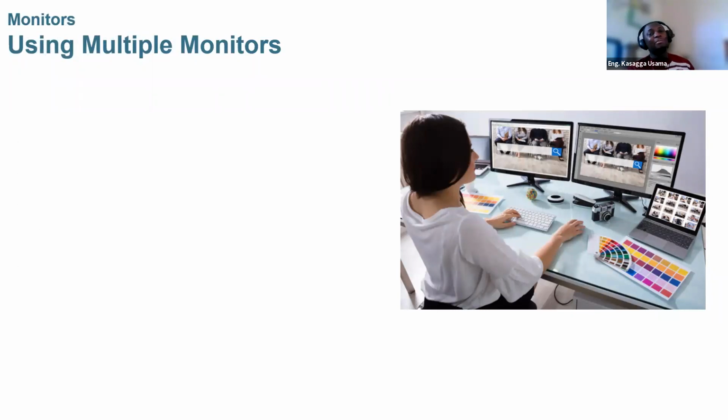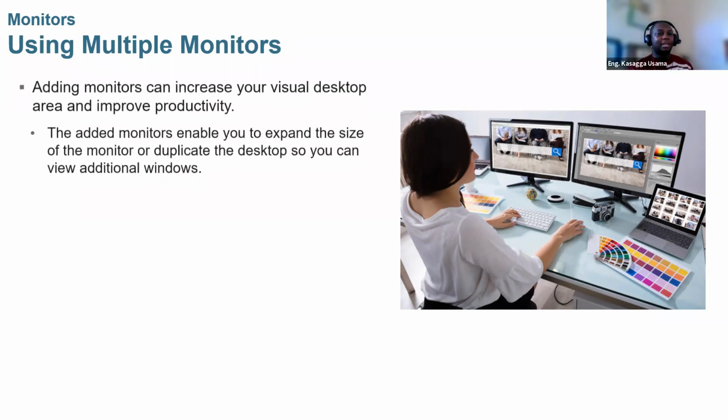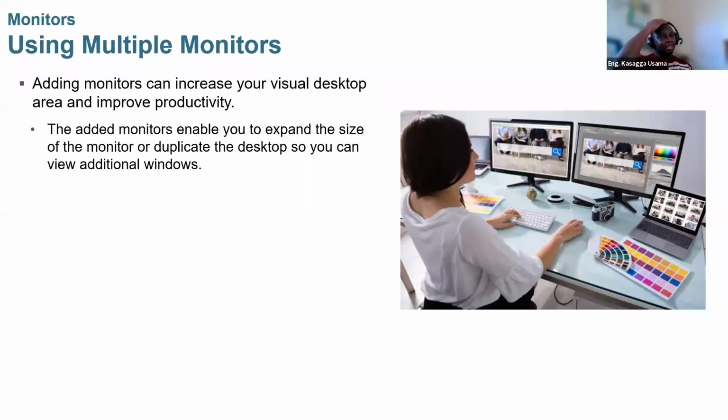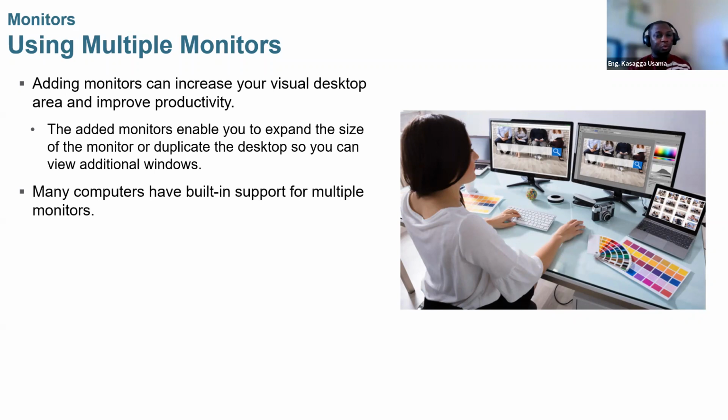Using multiple monitors. How do we use multiple monitors at the same time? Adding monitors to increase your visual desktop area or improve productivity. You can add them by using different connectors together. Many computers have inbuilt support for multiple monitors.